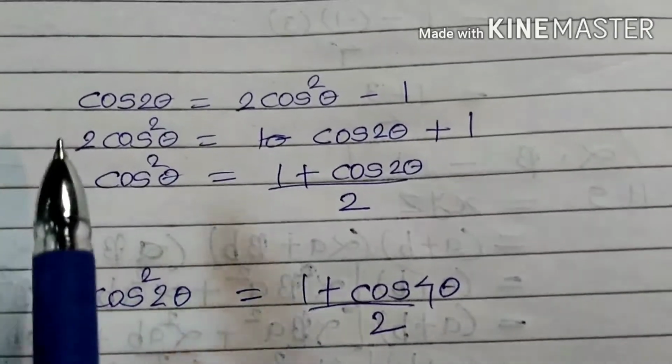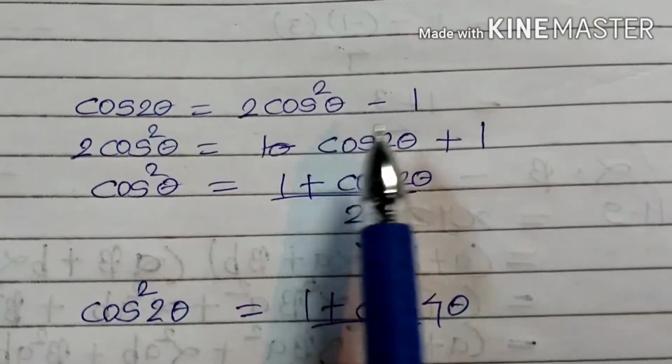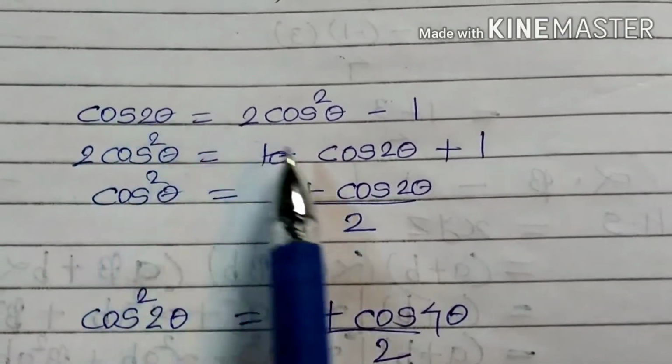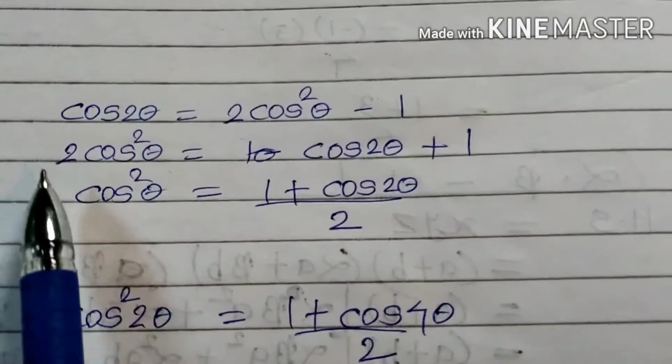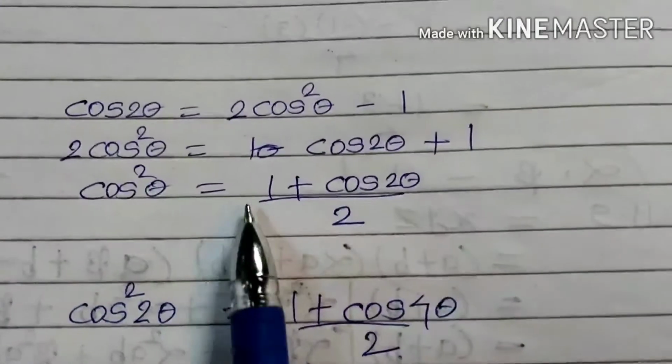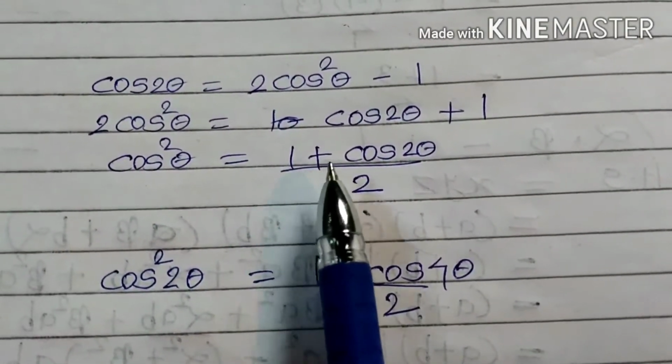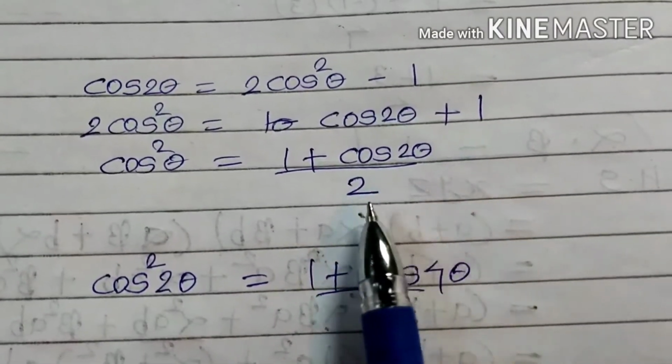So here is the formula. Cos 2 theta is equal to 2 cos square theta minus 1. Take 2 cos square theta. So it is cos 2 theta plus 1. 2 divide here. So it is 1 plus cos 2 theta. Means for cos square theta, there is a formula 1 plus cos 2 theta upon 2.